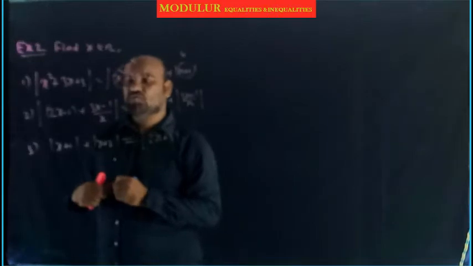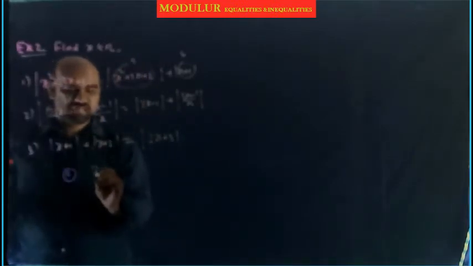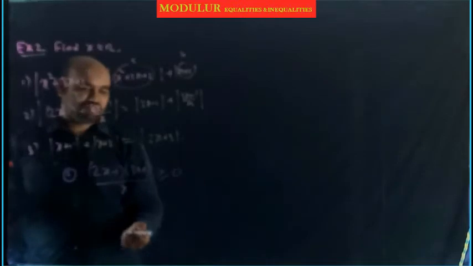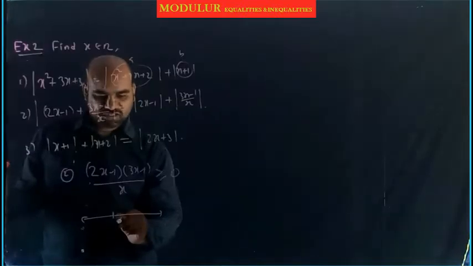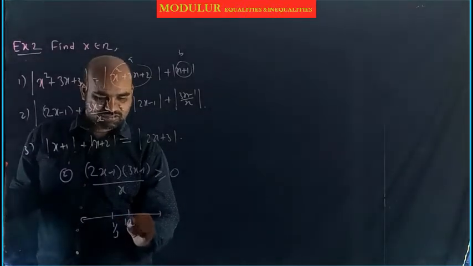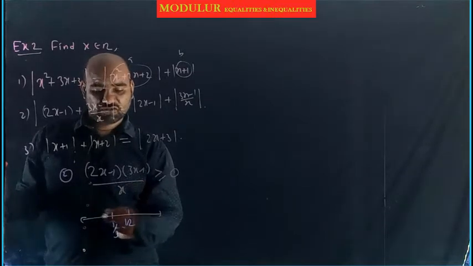Students, the remaining 2 problems are also the same type. Mod of a plus b equal to mod a plus mod b, just a into b greater than or equal to 0. A means 2x minus 1, b means 3x minus 1 by x, greater than or equal to 0. We need to draw a number line and identify zeros: 1 by 2, 1 by 3. 1 by 2 is greater than 1 by 3, and 0 is somewhere here.